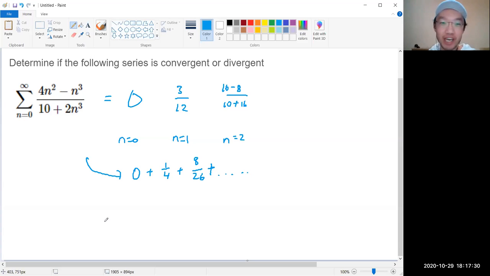So why don't we do that? Because the divergence test will tell us whether or not it diverges. Yeah, obviously. So let's try it.